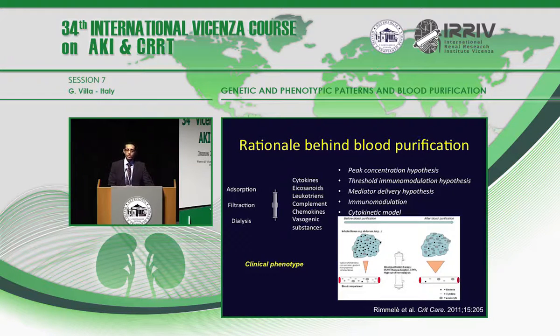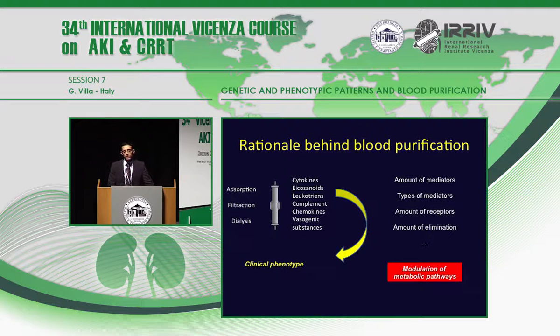We can modulate, we might preserve the capability of monocytes to follow the concentration gradient of cytokines through the infected tissues. All these effects might have a positive role on the clinical phenotype of patients with sepsis.